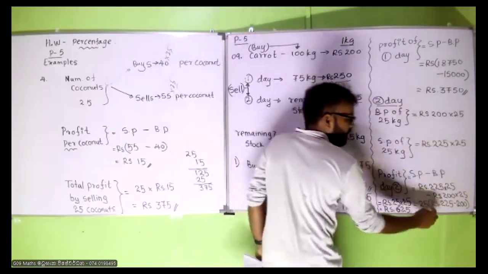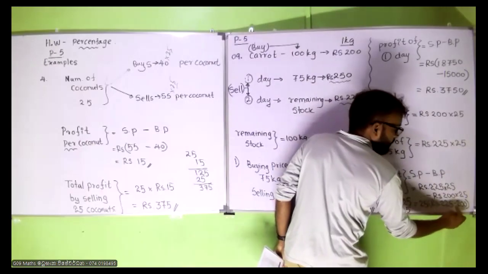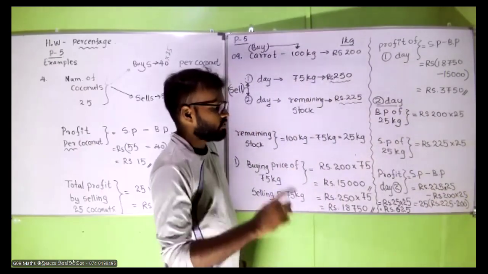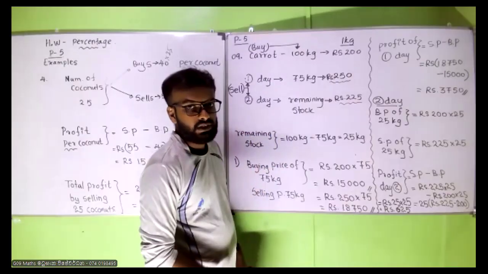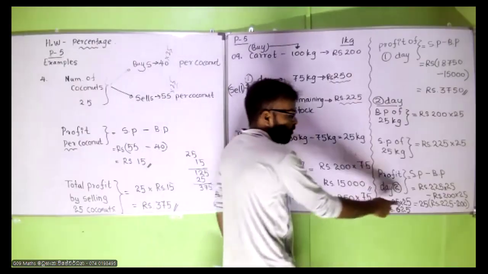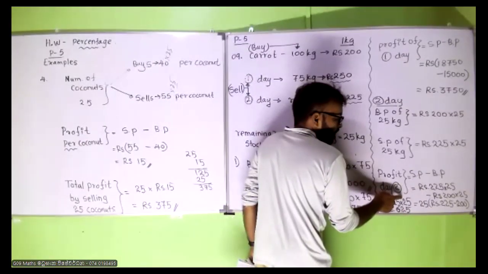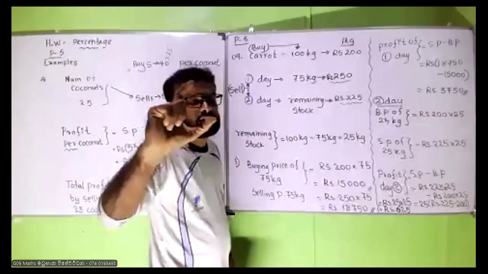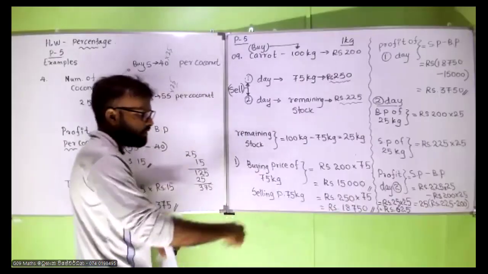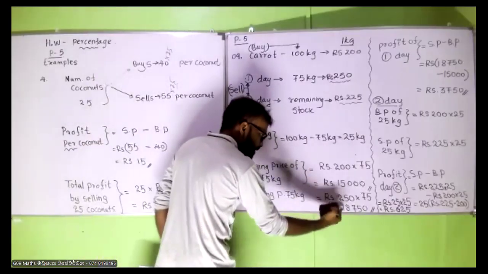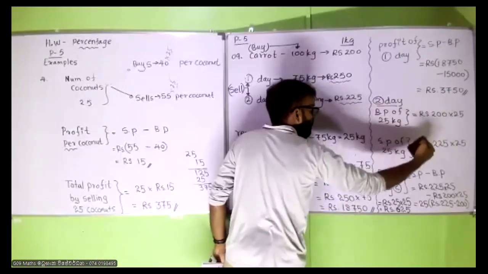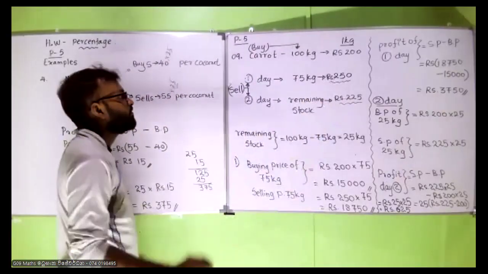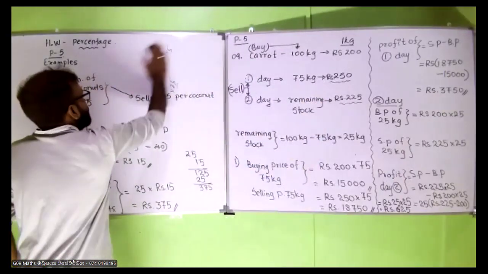Then in the bracket I have 225 rupees minus 200 rupees. So I get the subtraction, so that I get 25 rupees inside the bracket. So I have multiplied 25 into 25 so that I can get the day 2 profit as 625. Same thing I have done here, but I didn't get the final answer for the buying price and selling price. That is the only difference. Right?